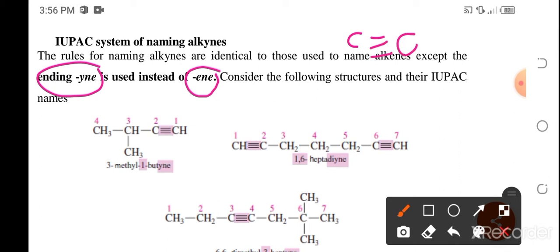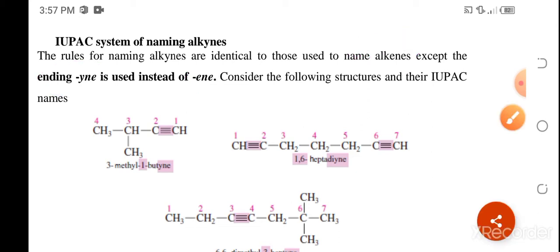The parent chain should contain the carbon atoms that bear the triple bond. And the numbering system should give the lowest number to the carbon atom bearing the triple bond. So the triple bond has more priority over any substituent like alkyl or halogen.